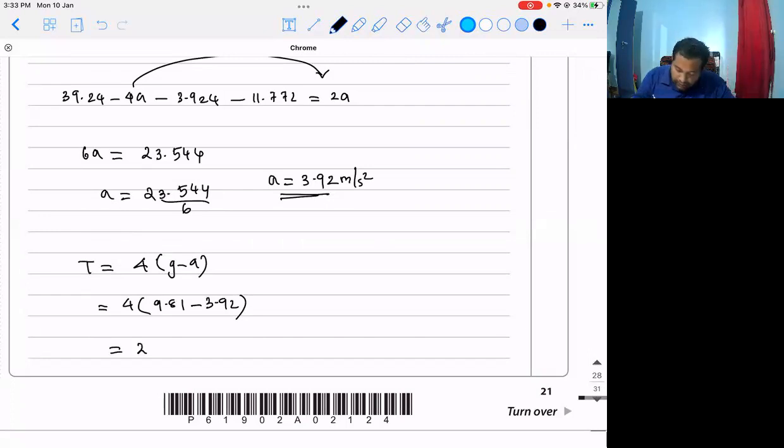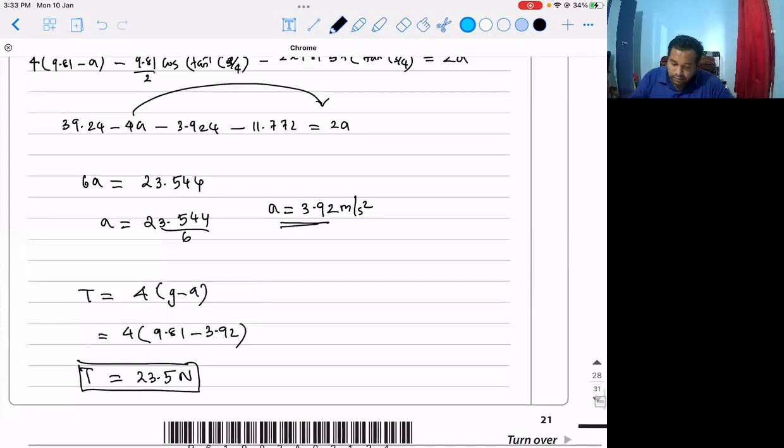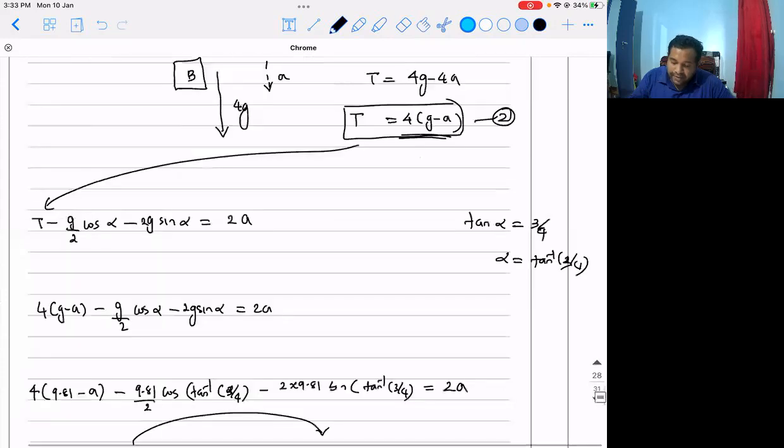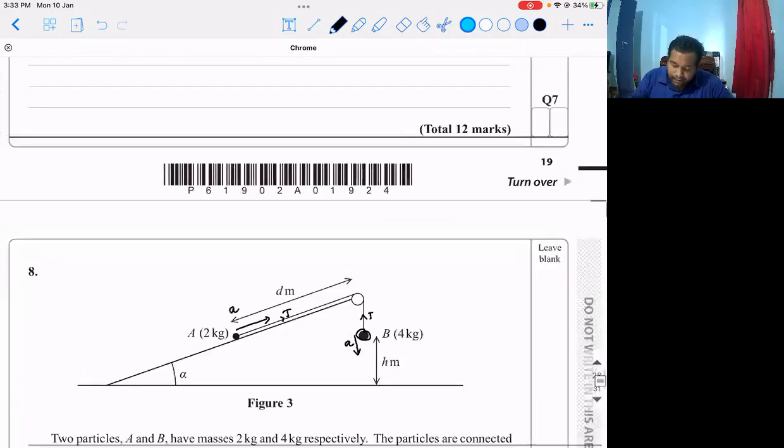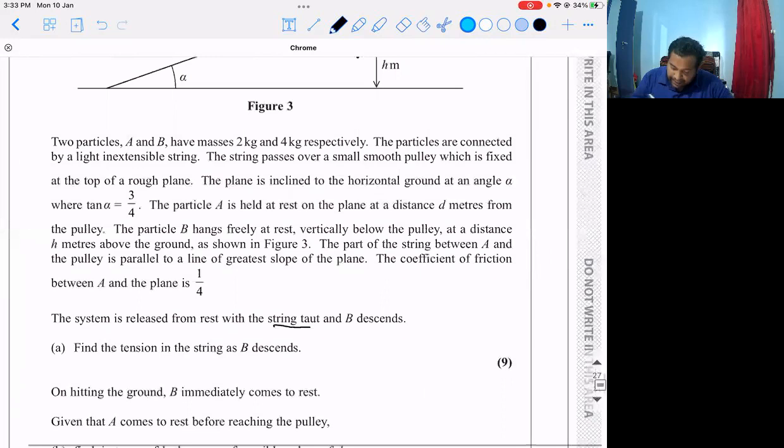That will give you 23.5 Newton. So that's what they're asking. The tension is equal to 23.5 Newton. Is that clear? So that's the answer for this question. It carries 9 marks.